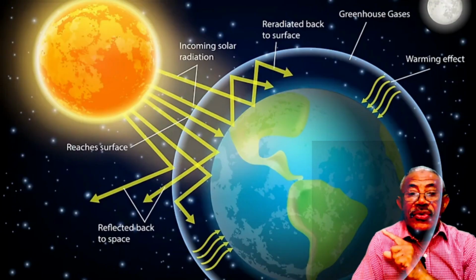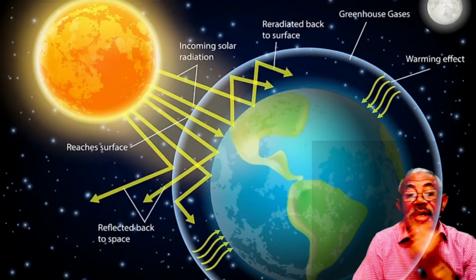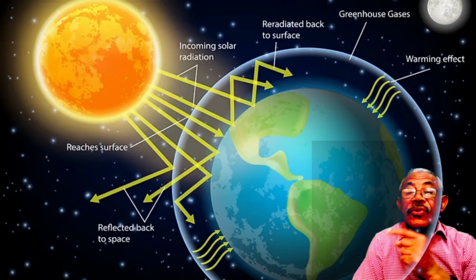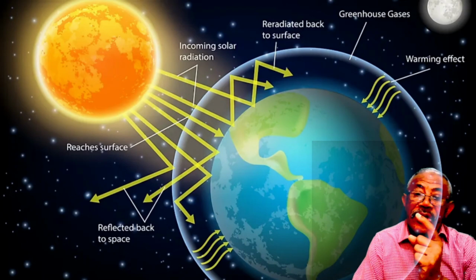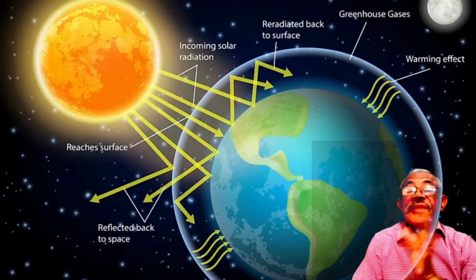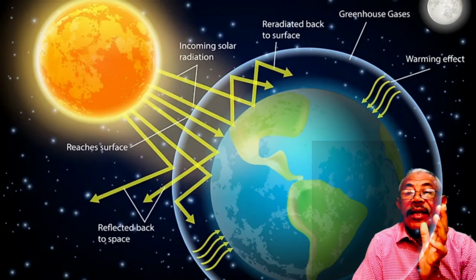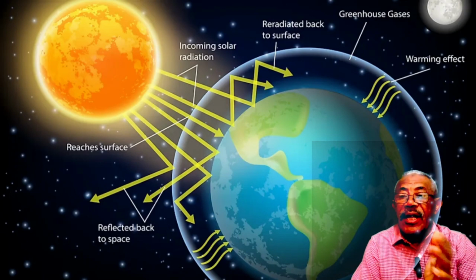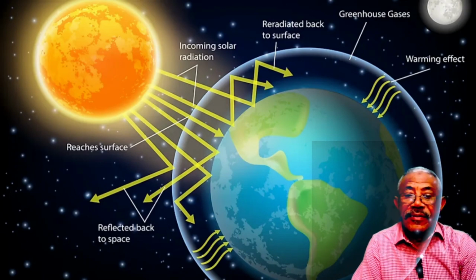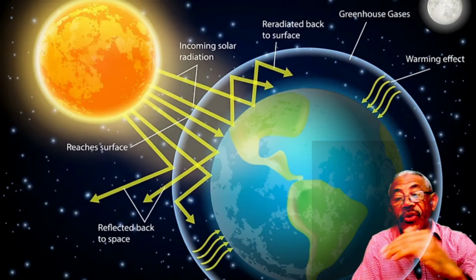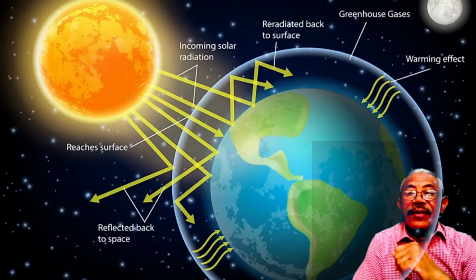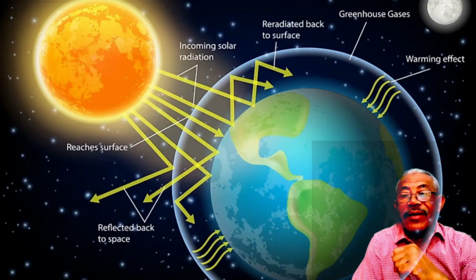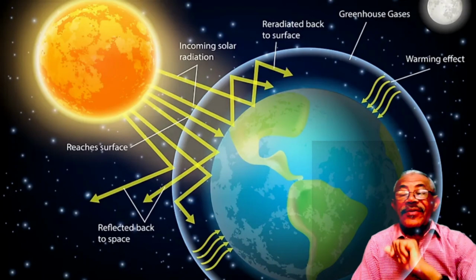This figure shows the solar radiation coming from the sun towards the earth. Some of this radiation is reflected back to the space when it reaches the greenhouse gases cover. And a portion of it, or most of it, penetrates the greenhouse gases cover and reaches the Earth's surface.